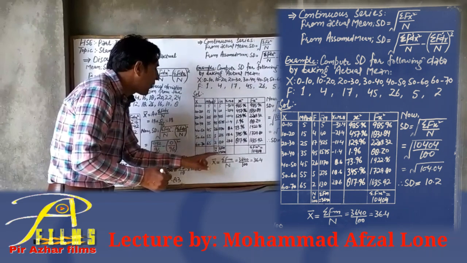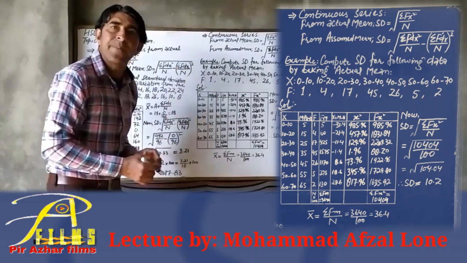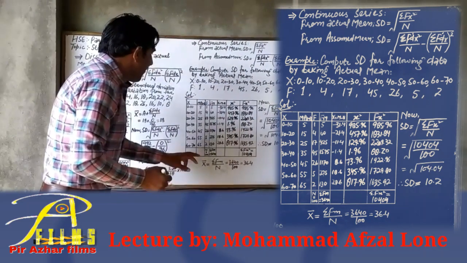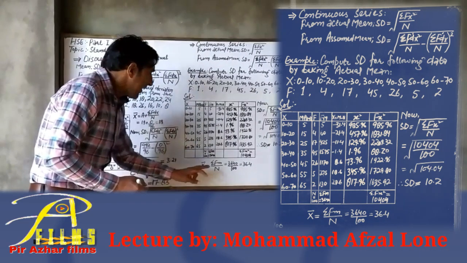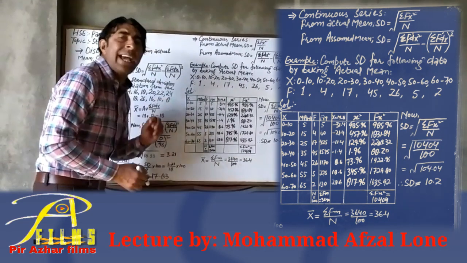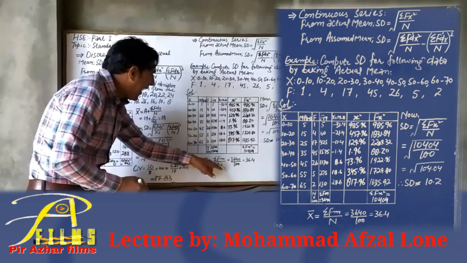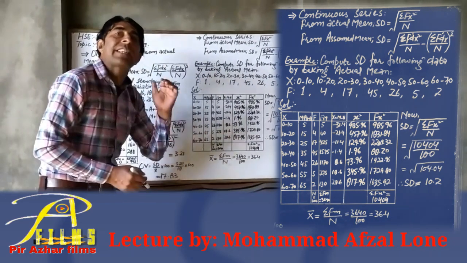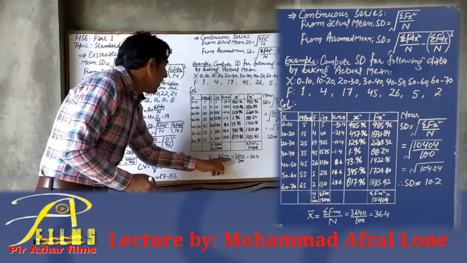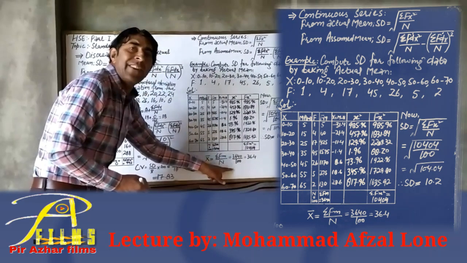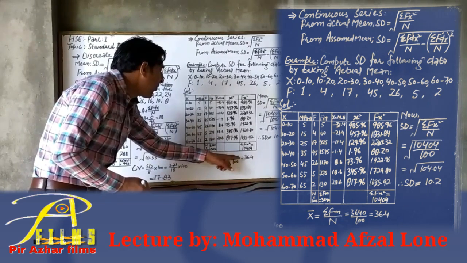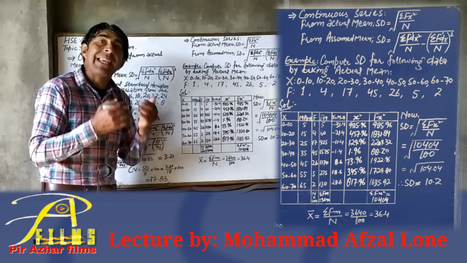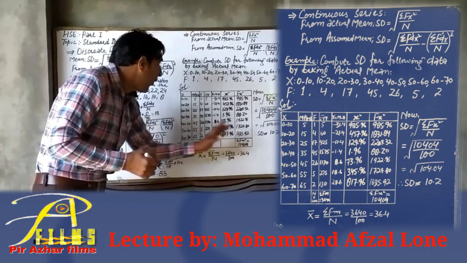Summation of fm is 3640. Now let's calculate the mean first. We have x bar is equal to summation of fm divided by n, which is 3640 divided by 100, equal to 36.4. So our actual mean here is 36.4.